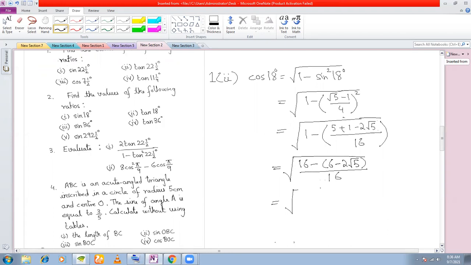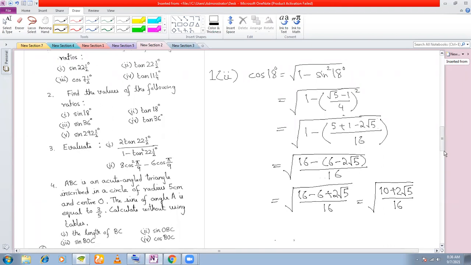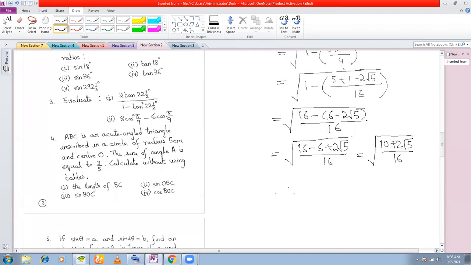So you get here root over of 16 minus 6 plus 2 root 5 divided by 16. So you get square root of 10 plus 2 root 5 divided by 16. So you get here root over of 10 plus 2 root 5 divided by 4. That is what you get.